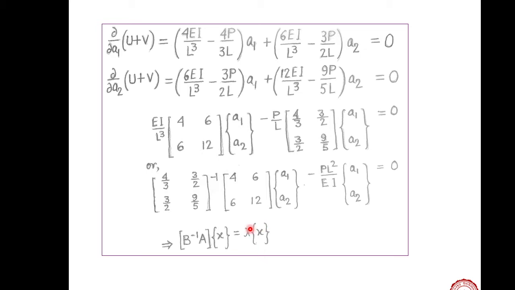Then what is this lambda? This is called an eigenvalue, and this particular vector is known as eigenvector. You know this thing? So the problem is basically an eigenvalue analysis problem. So this is what we can do.